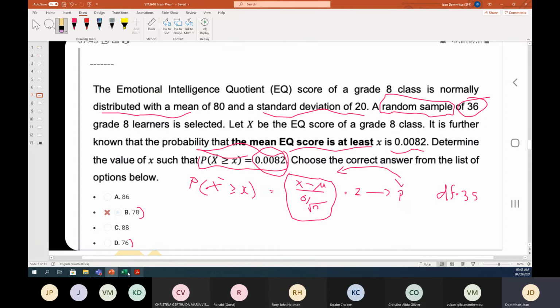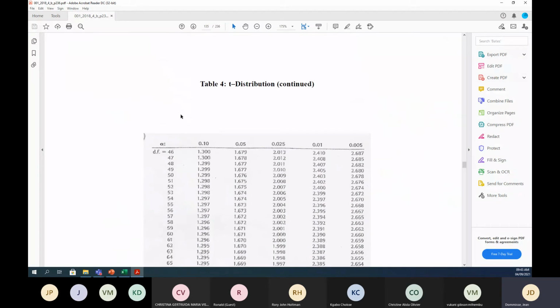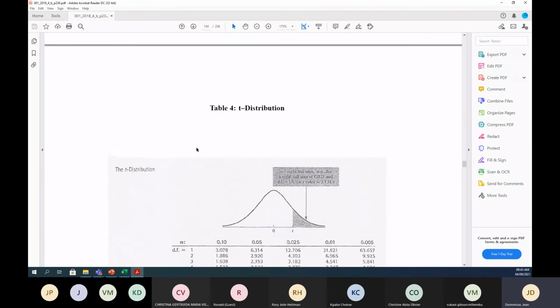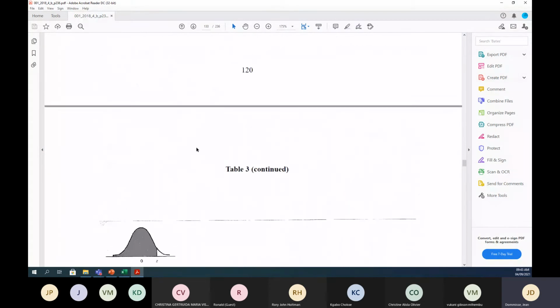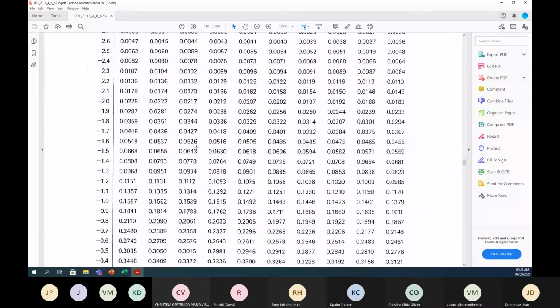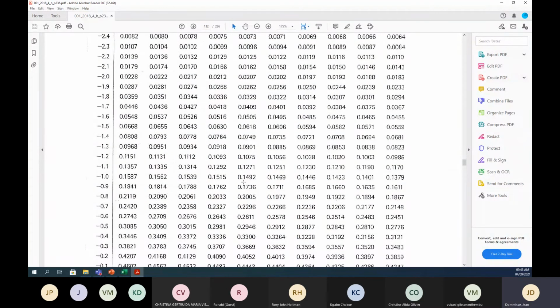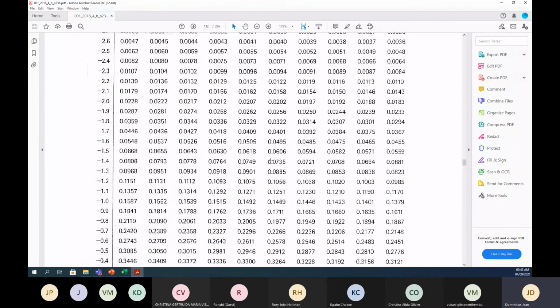We know it's bigger, but I want to use the negative table, for the value 0.0082.